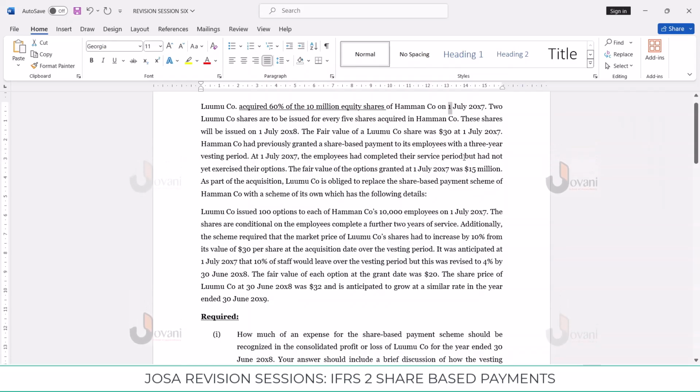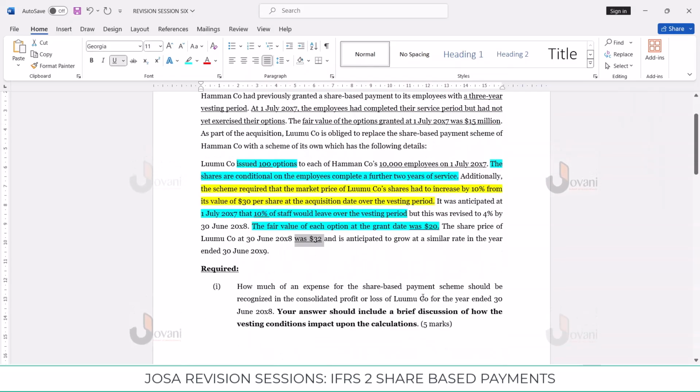So how much of an expense for the share-based payment scheme should be recognized in consolidated statement of profit or loss? The trick is, guys, with professional papers, there is less of number crunching and more of writing. I want you to understand that. And once you appreciate it, then you earn the marks.